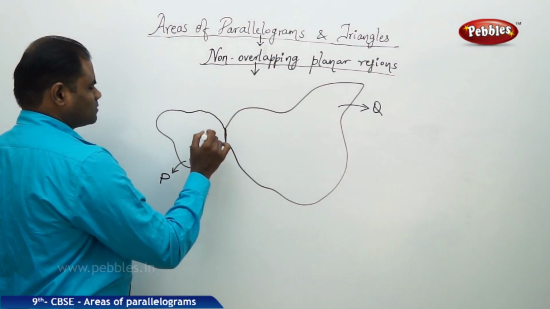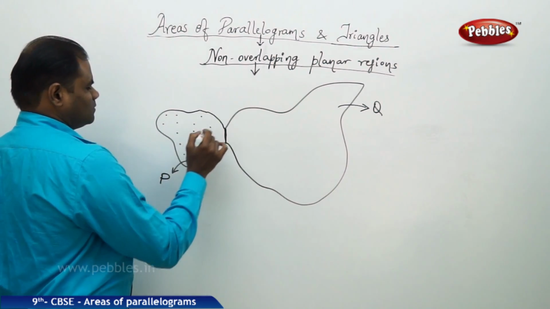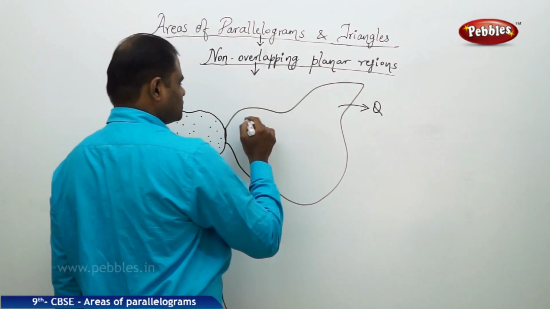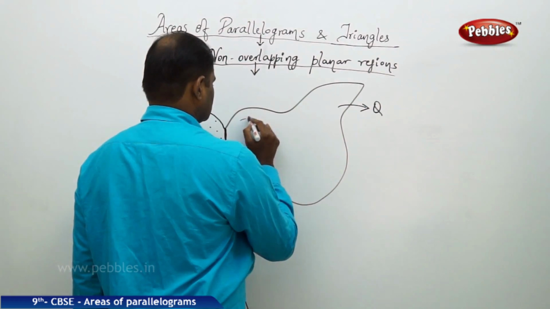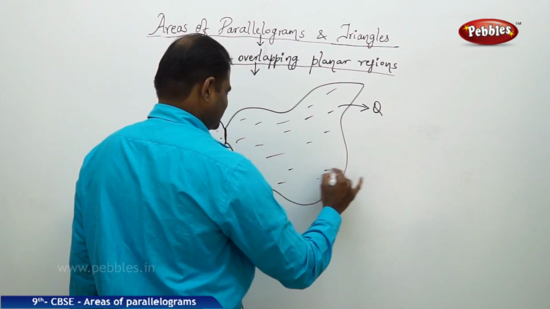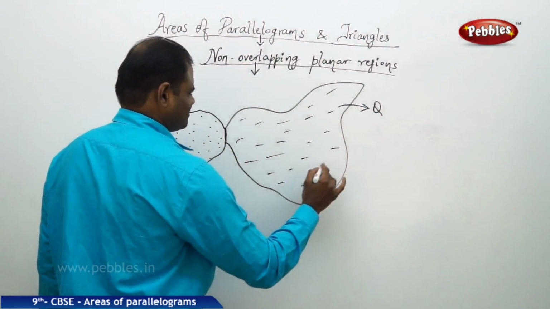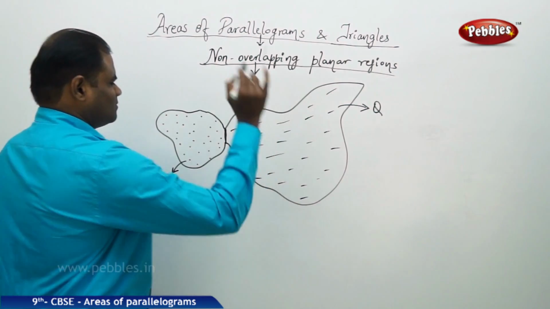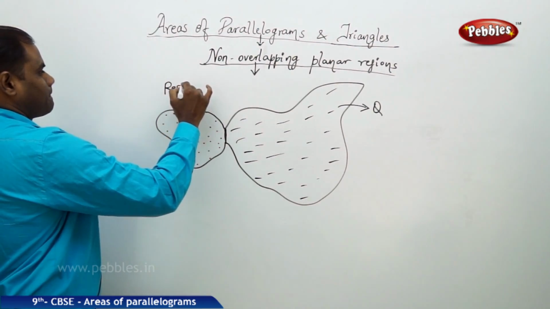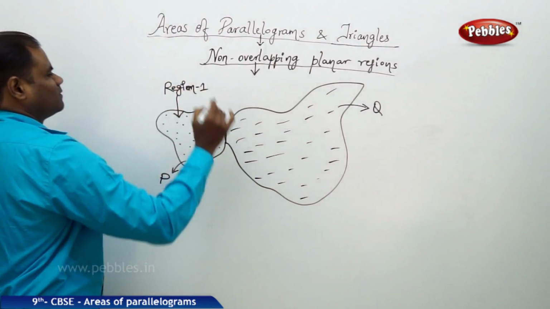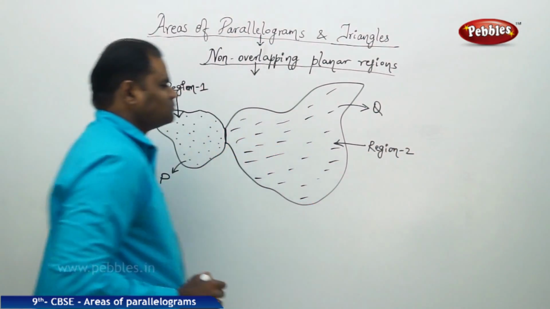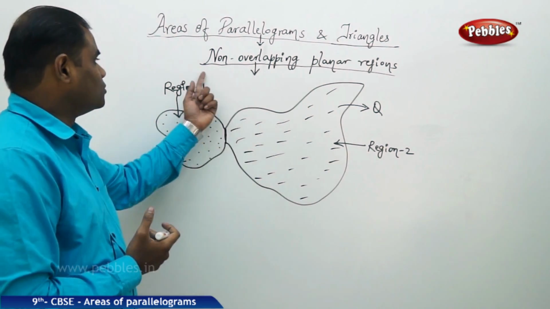This is region 1 and this is region 2. Now these two regions are joined together such that they do not overlap.